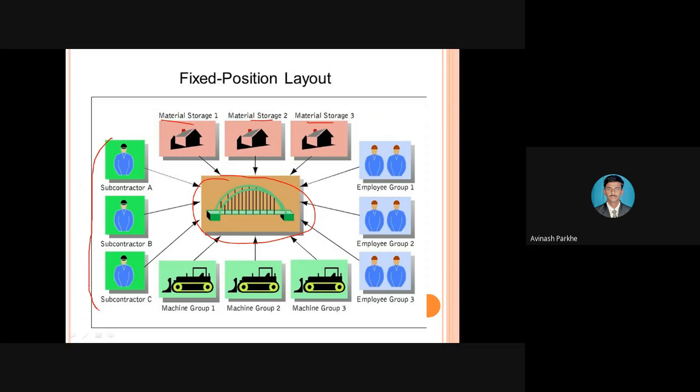Then the contractors, in which some engineers, supervisors and laborers are there, come towards that bridge. Then some tractors, other machines and material handling equipment required for construction, we have to bring near that bridge only. Again, some other employees are required for construction, and we also have to take them near that bridge only. Like that, we have to start the construction of the bridge.